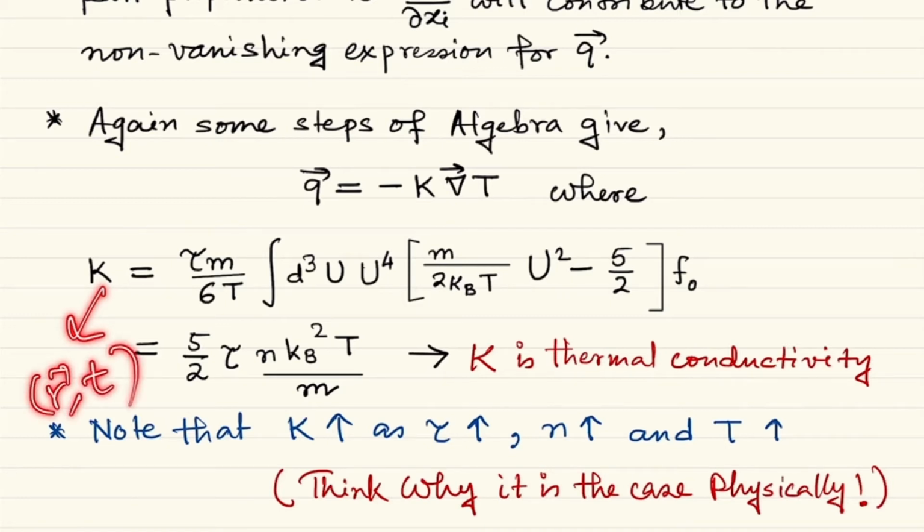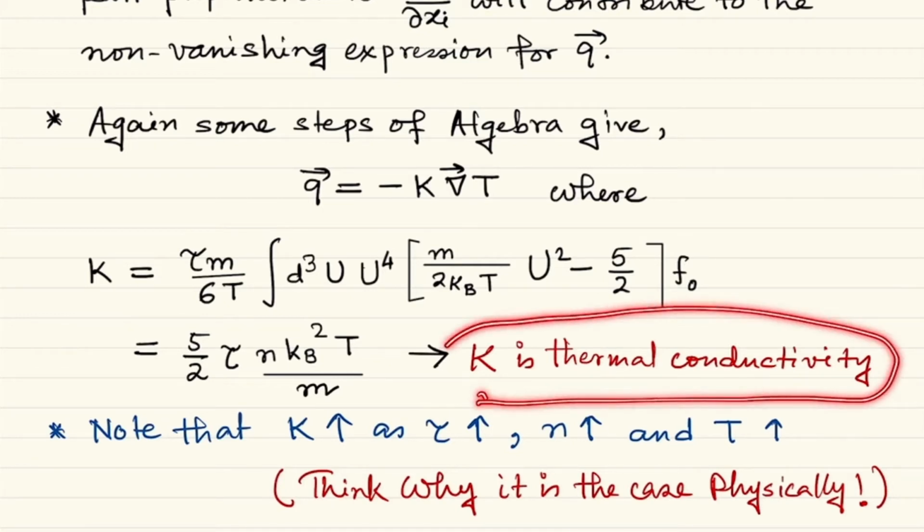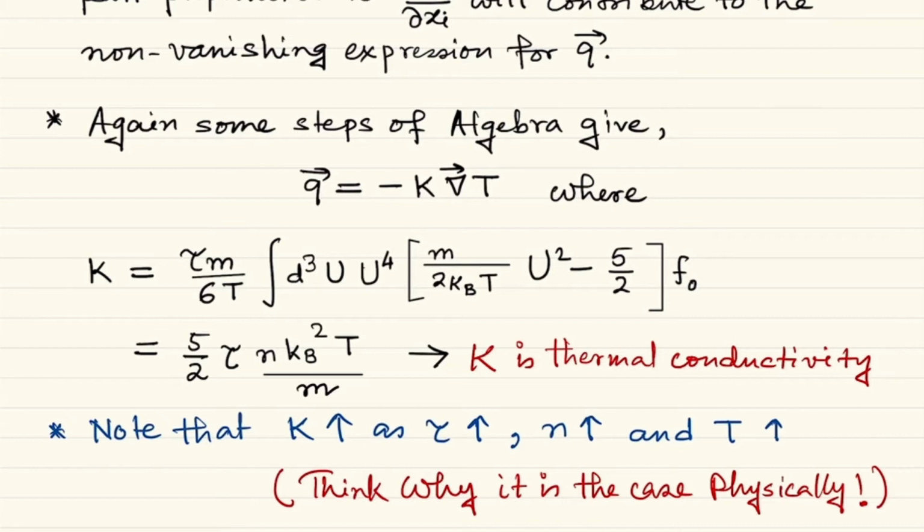So this is not an absolute constant, but it is not a function of kinetic velocity. So this is another macroscopic quantity if you want. This K, when you match your previous results of real fluids, is nothing but the thermal conductivity.